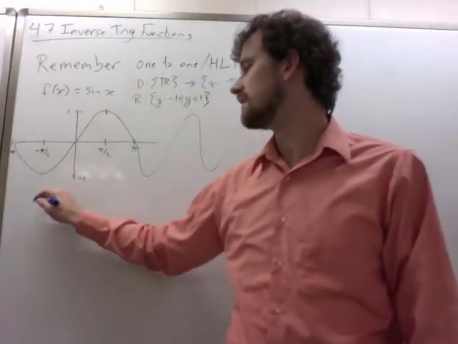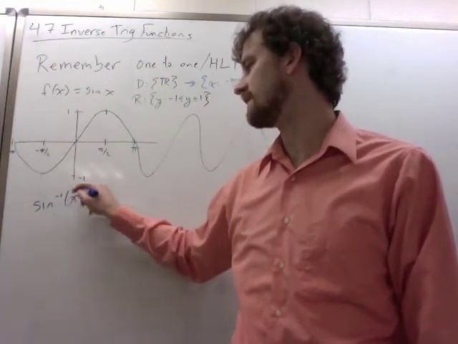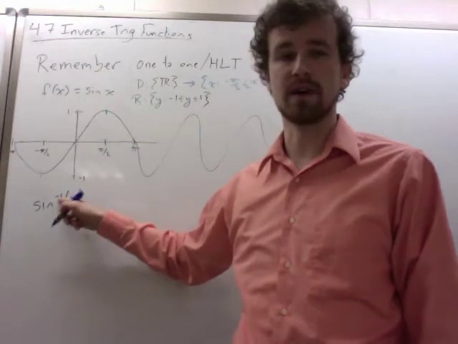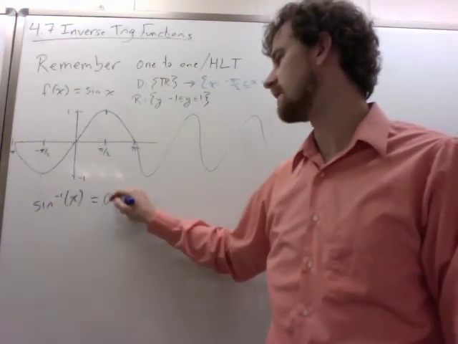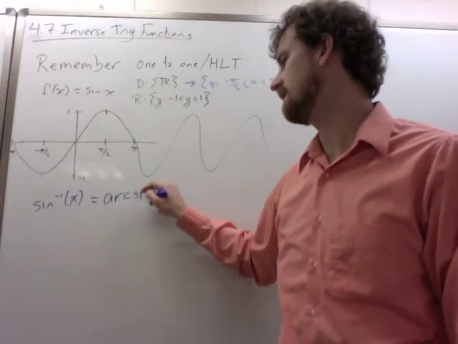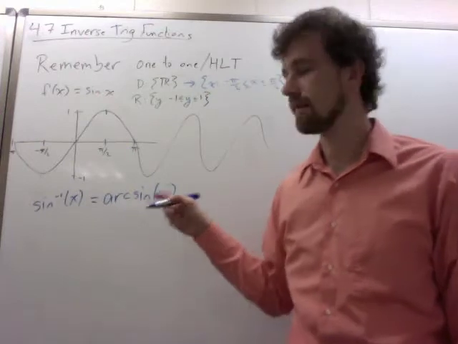So the inverse sine of x, which you can write as sine -1, this is what the button on your calculator says. You can also write it as arc sine, and these mean the same thing.